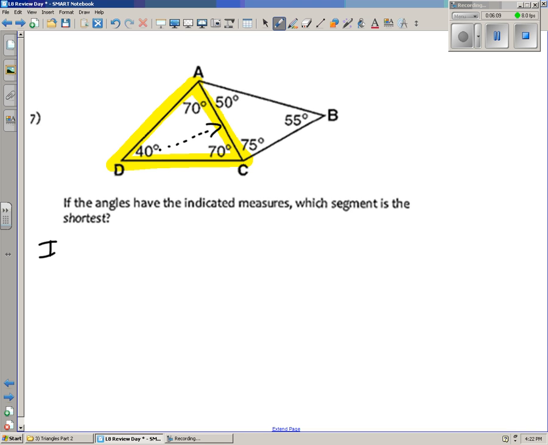So in triangle ADC, AC is smaller than the other two, which, by the way, since these 70s are equal, they're equal. So AC is smaller than either of the other two sides. Okay, so actually I want to erase this and put in AC is the smallest side.